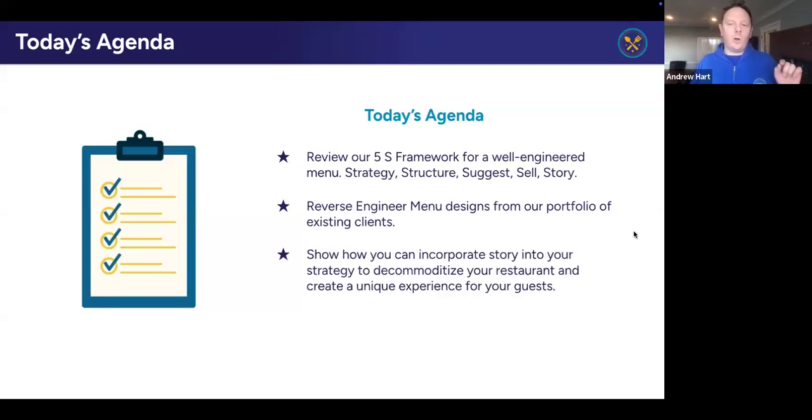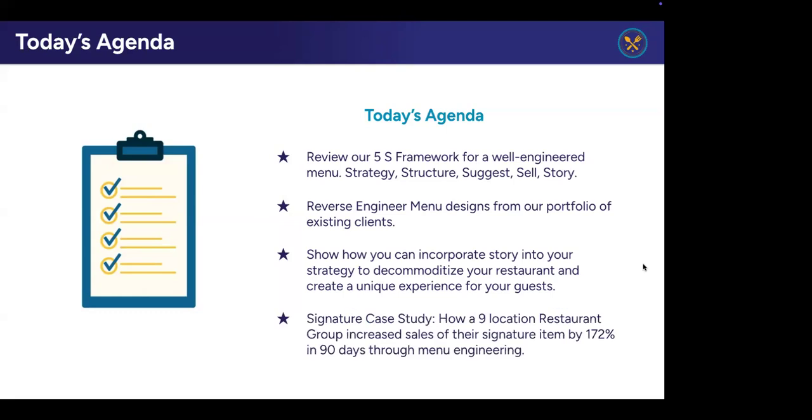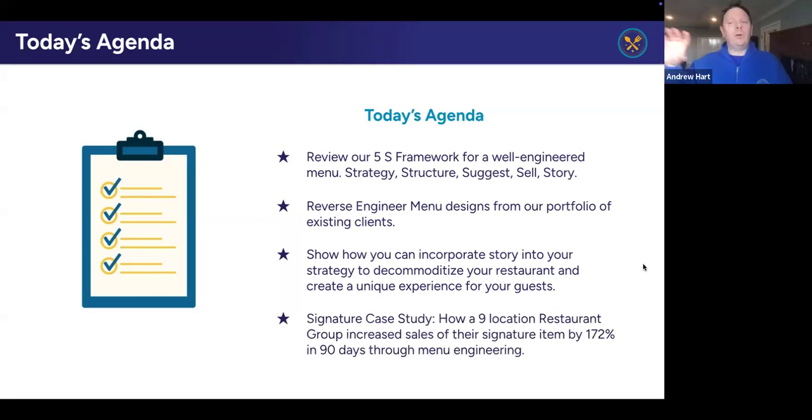We're going to show you how you can incorporate probably the most difficult S, which is story, into your strategy so you can decommoditize your restaurant and create a unique experience for your guests. And then we're going to finish with our signature case study: how a 9-location restaurant group increased sales of their signature item by 172% in just 90 days through the re-engineering of their menu.